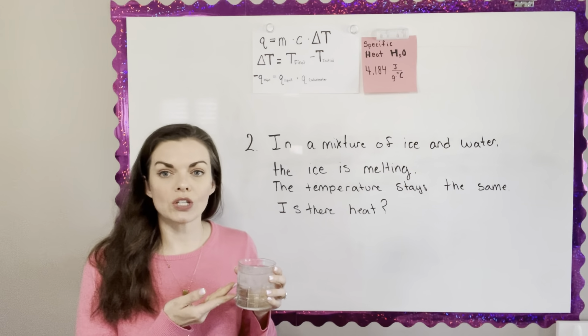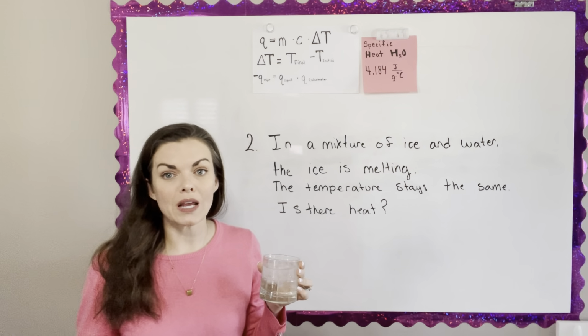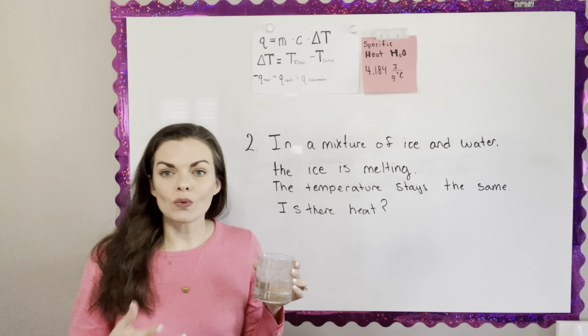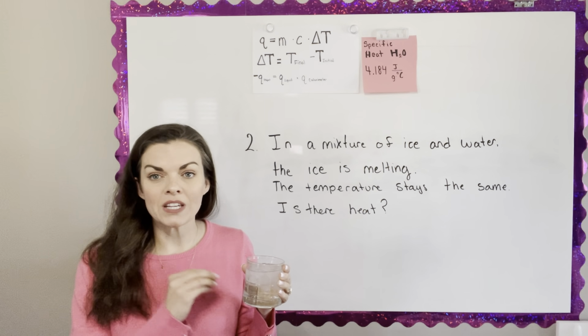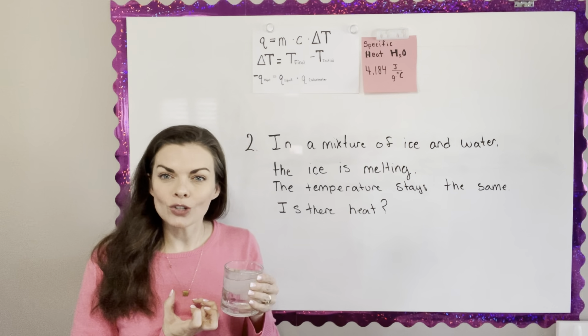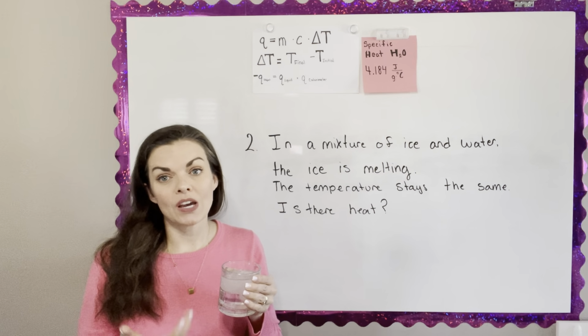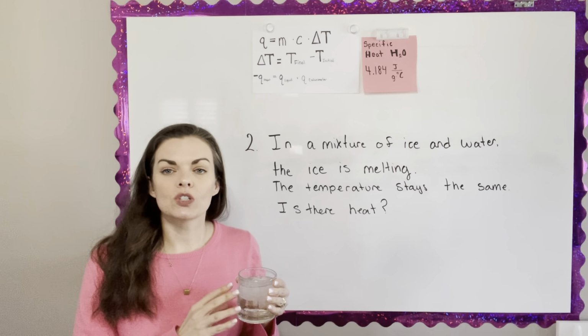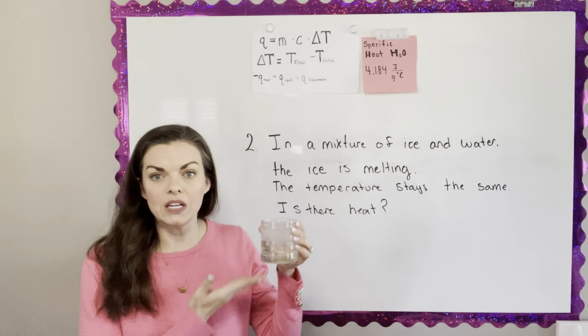What is happening in your glass of water is your ice is slowly going from a solid to a liquid, so it is having that phase change. When something goes from a solid to a liquid, it is gaining energy, because it takes energy for that phase change to happen, since liquids have more energy than solids. Since we are having an exchange of energy, there is heat happening in the glass.